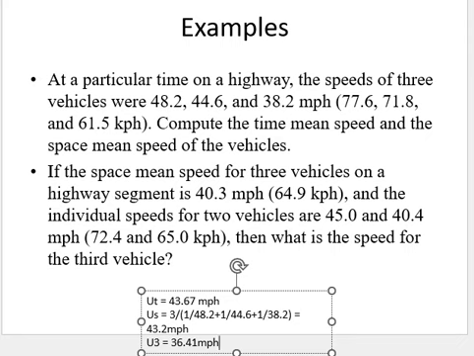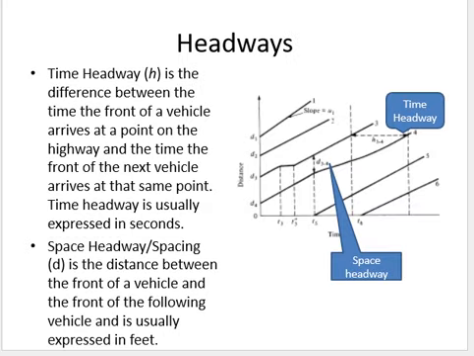Okay, I've already mentioned this, time headway, or just headway, meaning the time between what? How do we define headway? Time from one vehicle to another, for the same point in space.